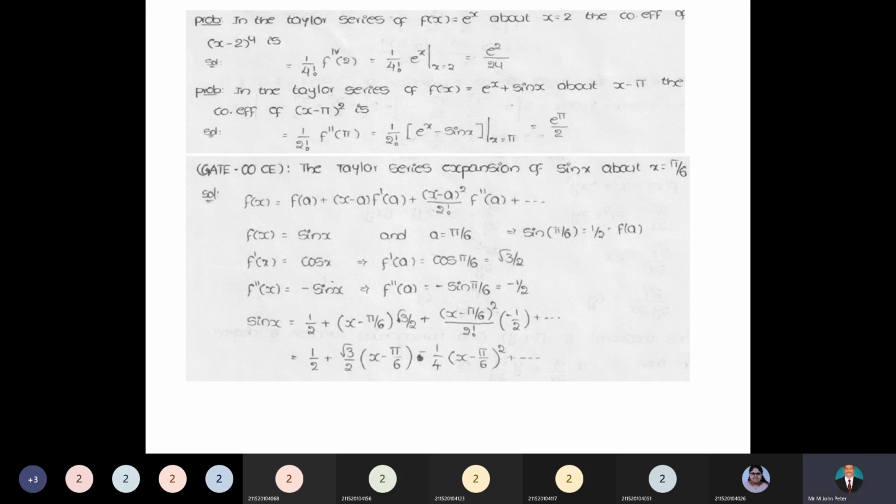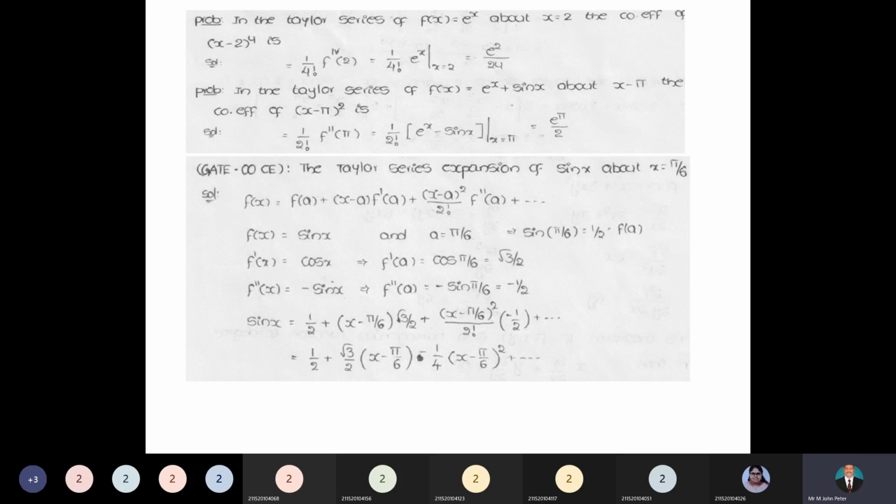So one more GATE question. The Taylor series expansion of sin x about x equal to pi by 6. Pi by 6 means 30 degree, so that value we have to use. So f of x about the point pi by 6, that means small a as pi by 6 we have to replace.